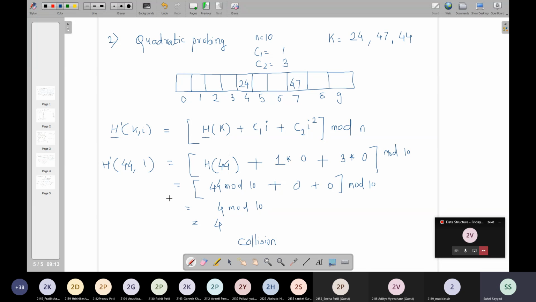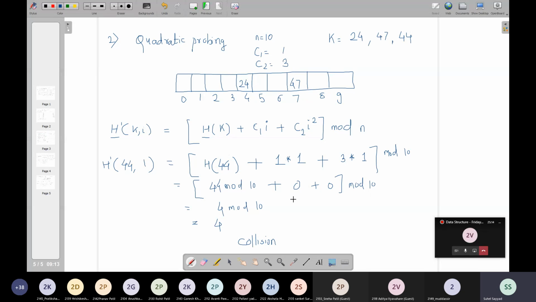What will be h dash of 44 comma 1? It is h of 44 plus C1 multiplied by I. Now C1 is 1, 1 multiplied by I. Now the value of I is 1. Plus C2 multiplied by I square. So 3 multiplied by 1 square, that 1 square will become again 1. Mod 10.